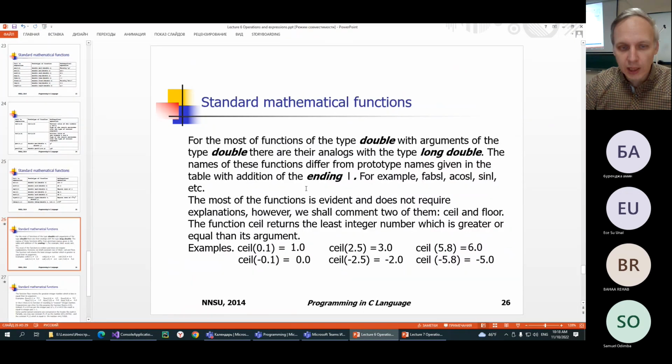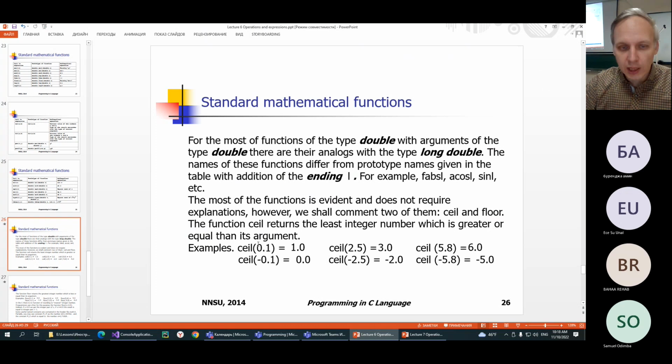Well, there are two more examples of rounding functions: ceil and floor. Ceil rounds up. It returns the integer number that is closest to this parameter, but greater.